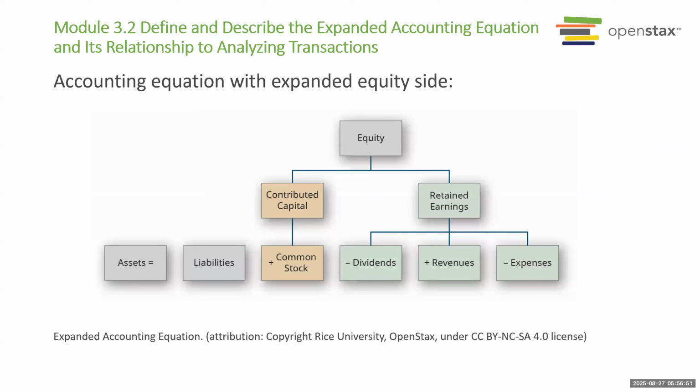So getting into more detail on equity, we have contributed capital and retained earnings. Contributed capital is primarily common stock, or what investors put in. And retained earnings could be revenues less expenses less dividends. Dividends are what are paid out to common stockholders.